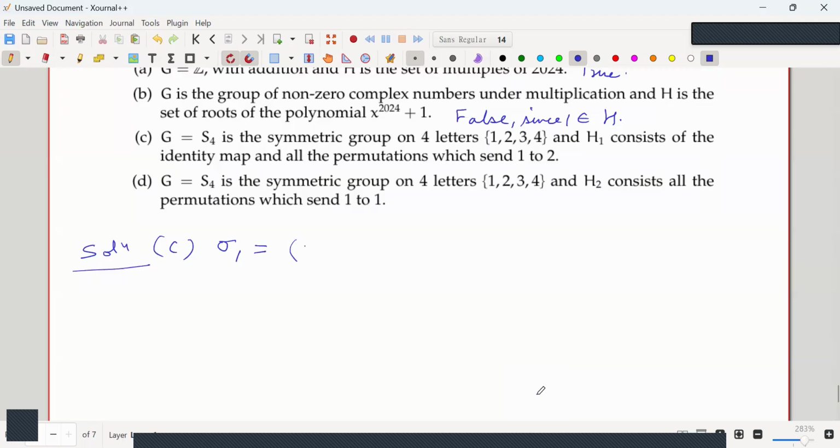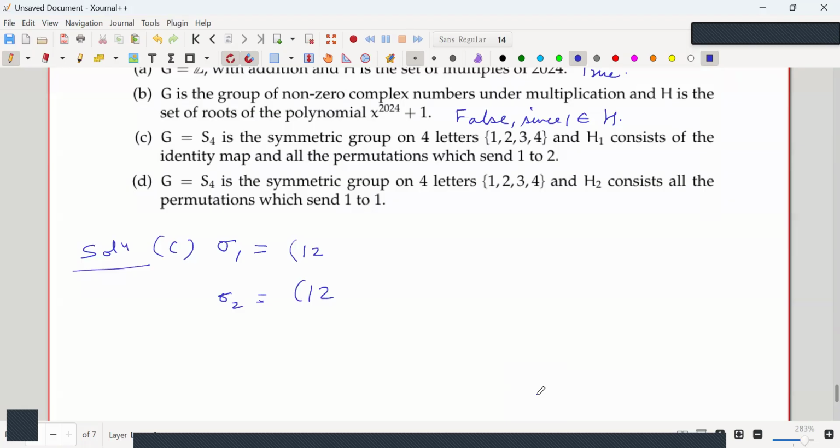Definitely sigma 1 maps 1 to 2, that is fine. Rest things we will sort out later. And here also sigma 2 maps 1 to 2, that is fine. Now, if somehow we get elements for which during composition this fails, then we are done.